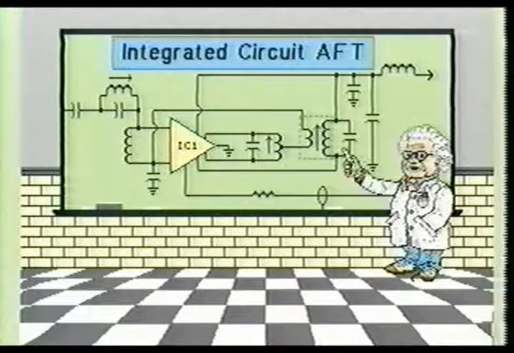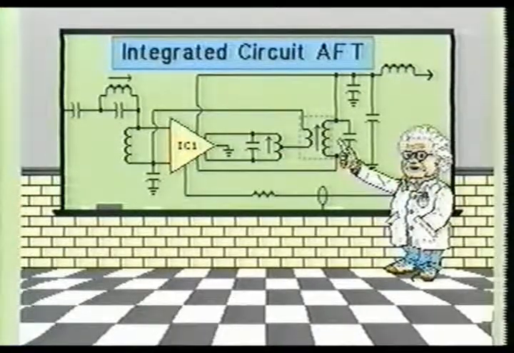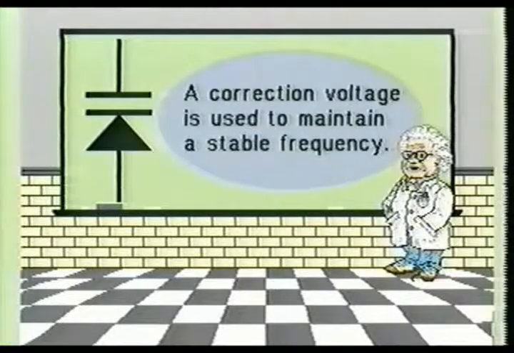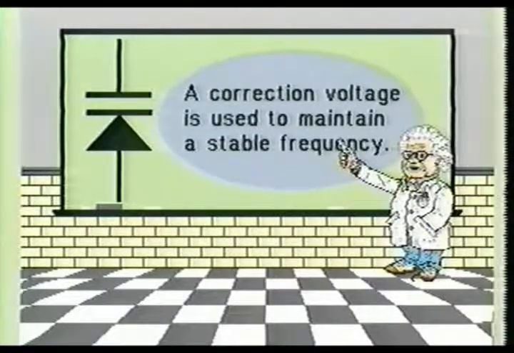Integrated circuits are used in most newer television receivers for detecting, amplifying, and correcting errors in frequency drift. Varactor diodes in the tuner's local oscillator circuit use a correction voltage to maintain a stable operating frequency.